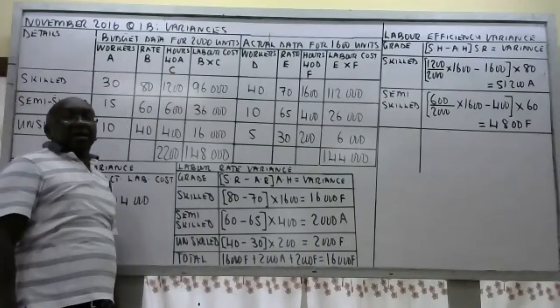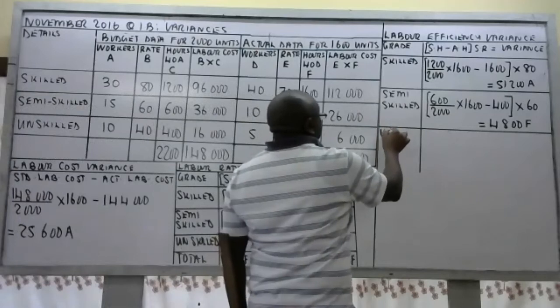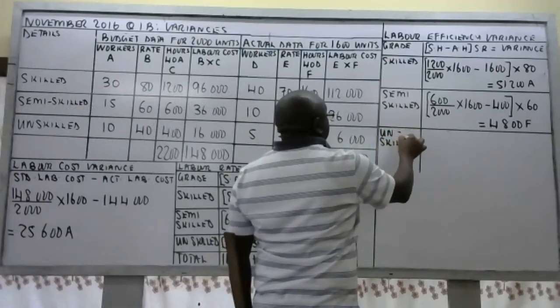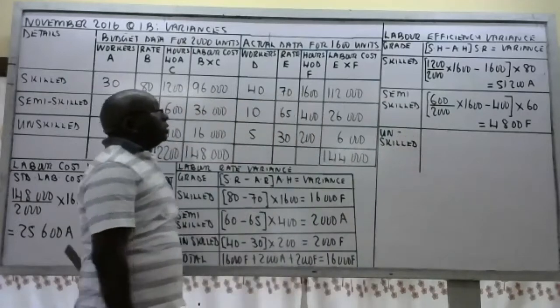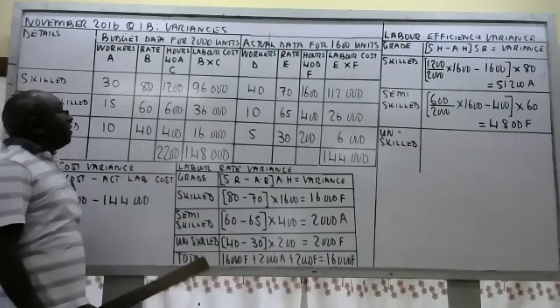Then from there, you proceed and bring the unskilled. For the unskilled, we have 400.